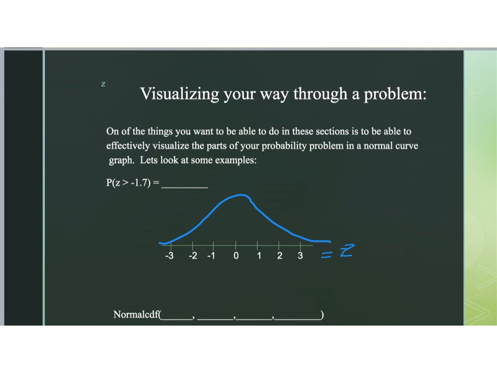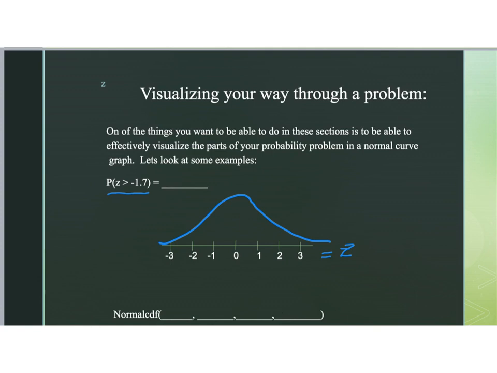Okay, in this particular problem, I'm also trying to help you connect some of the probability notation that's being given to you and what that means in terms of your picture and where to label things. Here, we start off wanting to find the probability that Z, a randomly selected Z-score, would have a value greater than negative 1.7 standard deviations.